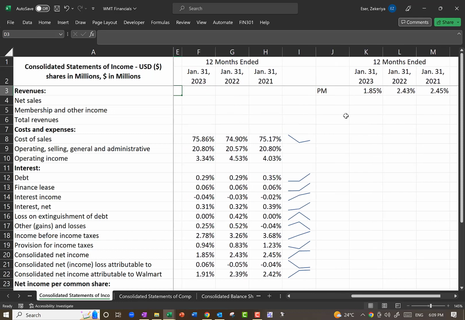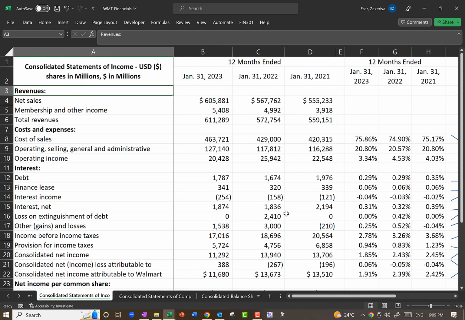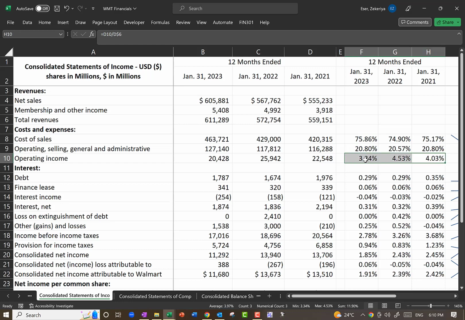There may be one-time reasons for that. As you can see, their operating margin kind of came down. So that's primarily responsible for that.